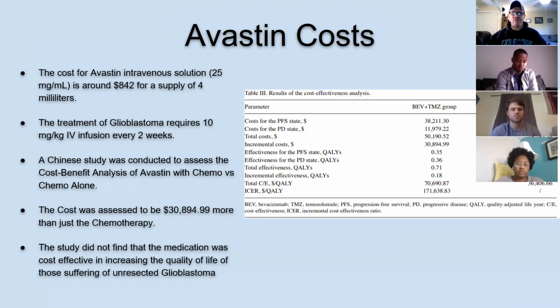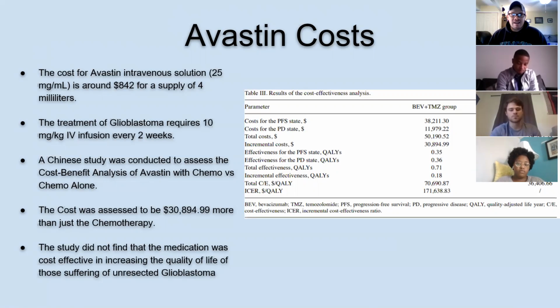Just in general, $842 for 4 milliliters. You're going to need 10 milligrams per kilogram, your own kilograms, every 2 weeks. It's a lot. An average man in America weighs 190 pounds now.